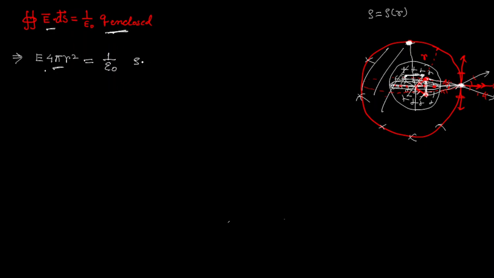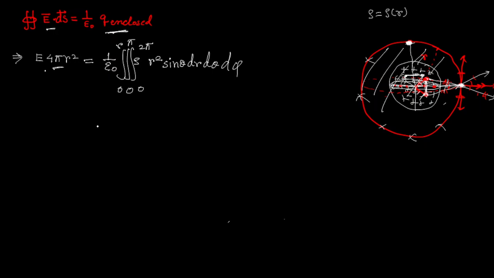We multiply the charge density and the elementary volume in spherical polar coordinates, r squared sine theta dr d theta d phi, and then integrate within the volume of the Gaussian surface. The radius will go from 0 to r, theta from 0 to pi, and phi from 0 to 2 pi.